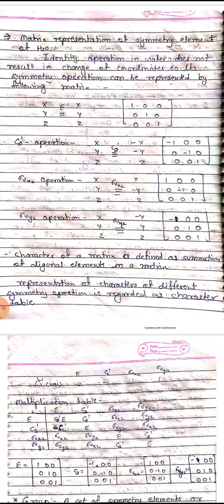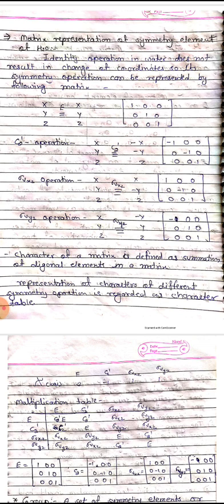In a given matrix of a particular symmetry operation, if we add diagonal elements of the matrix, then what we get is the character of that matrix. You can see representation of character at different symmetry operations is regarded as character table.